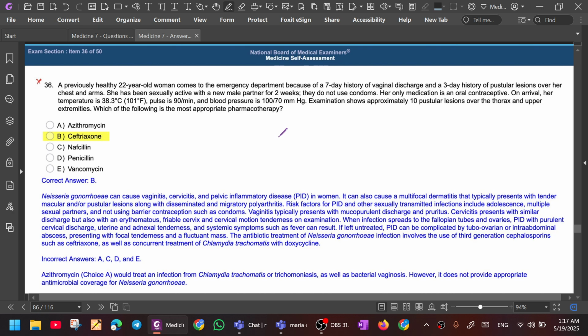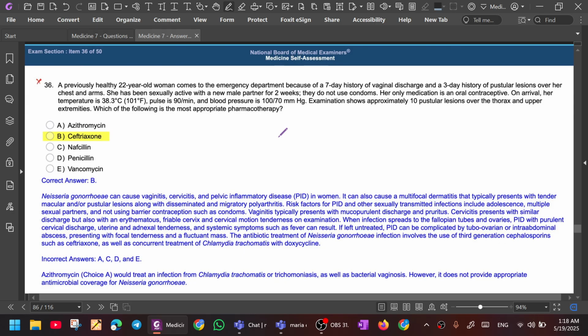Cervicitis presents with similar discharge but also with an erythematous friable cervix and cervical motion tenderness on examination. When the infection spreads to the fallopian tube and ovary, PID can result, with purulent cervical discharge, uterine and adnexal tenderness, and systemic symptoms such as fever.